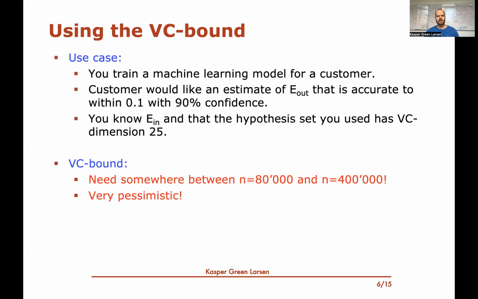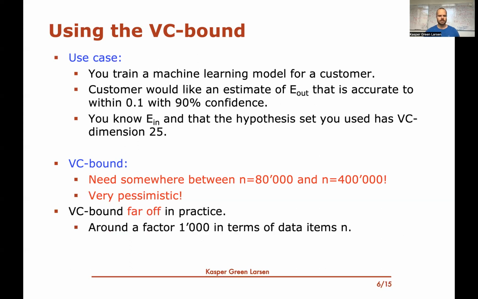It turns out that in practice, this is a very pessimistic estimate. In general, the VC bound turns out to be very far off in practice. A good rule of thumb is that it is sometimes around a factor 1,000 off in terms of the number of data items that you need.